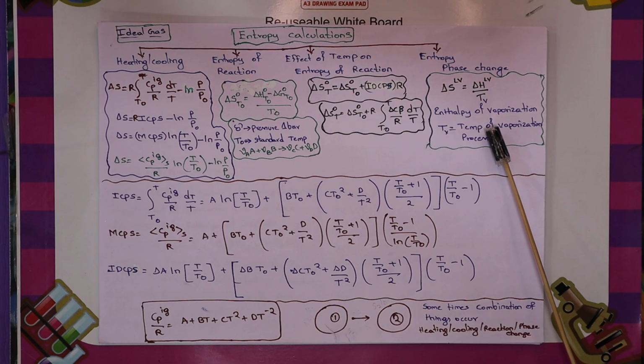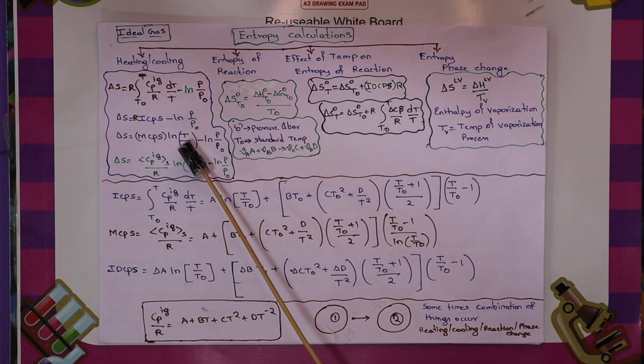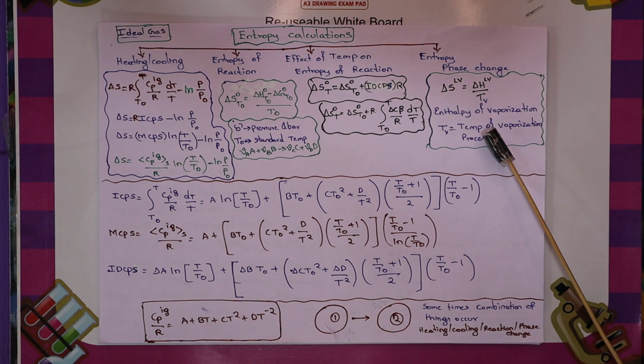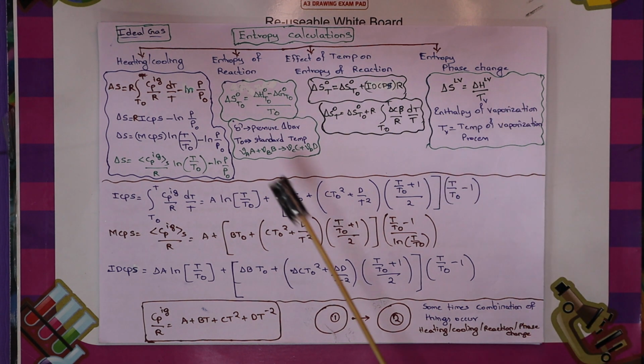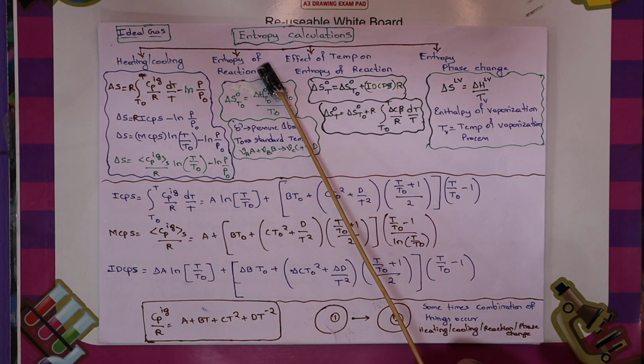Water can evaporate at 100 degrees centigrade from liquid to vapor without a change in temperature. Those kinds of situations come under phase change processes.